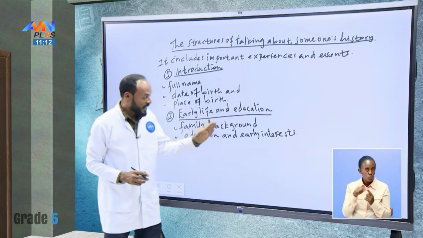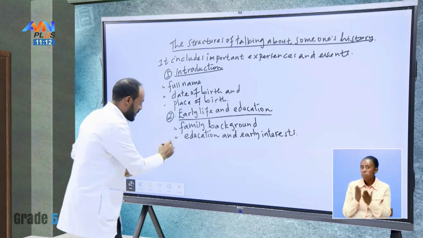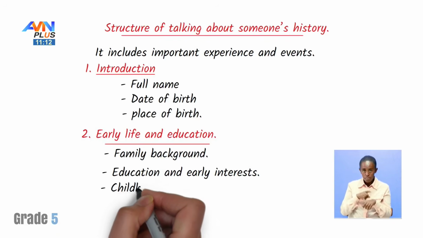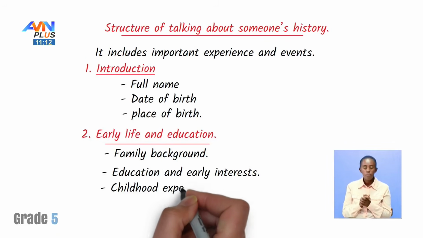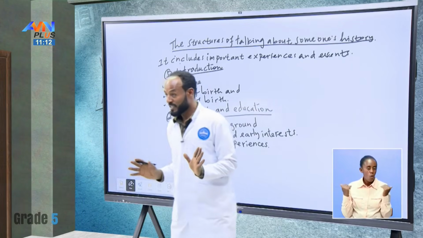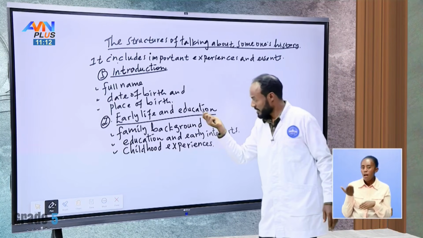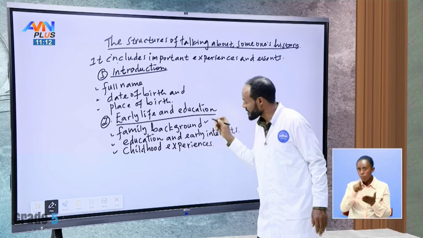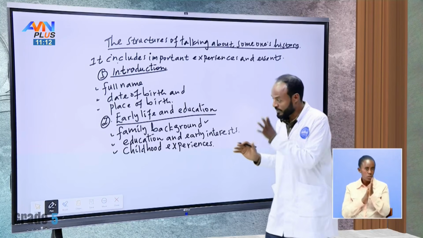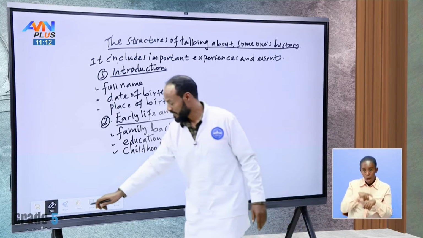You have to write the family background, education, and early interests, and then you have to write what? Childhood experiences. I hope you're with me. Are you? Nice. So under early life and education, you have to write about family background. Education and early interests should be included here. Another one is childhood experiences. Right? Good.